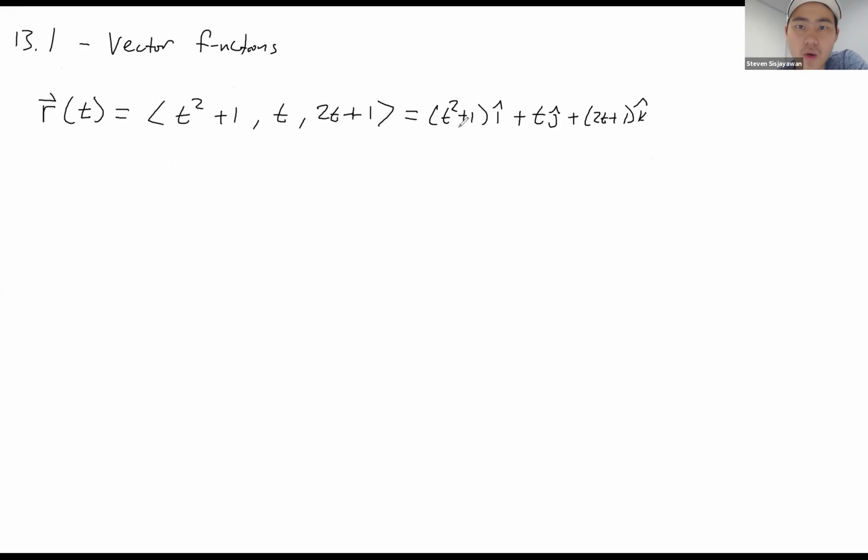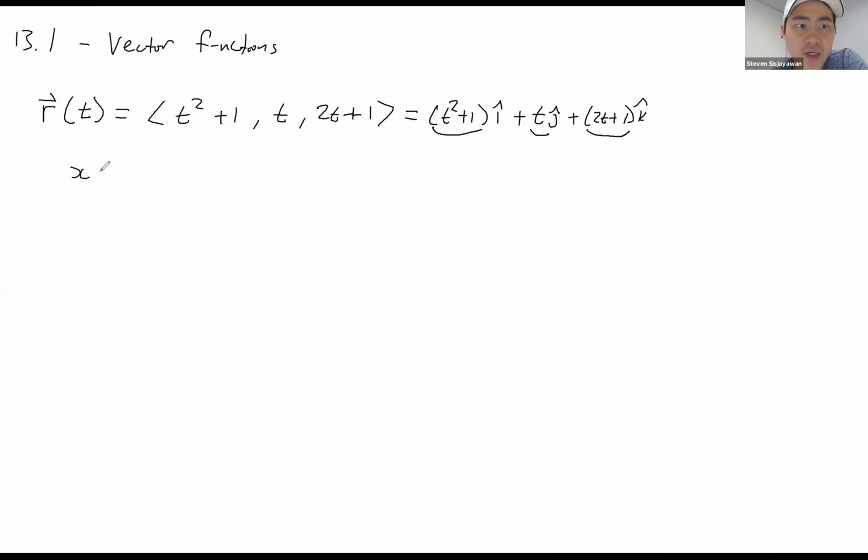From this, we can note that this is your x component right here, this is your y component, and this is your z component of the vector. What you notice about vector functions is that every component is a function of t.